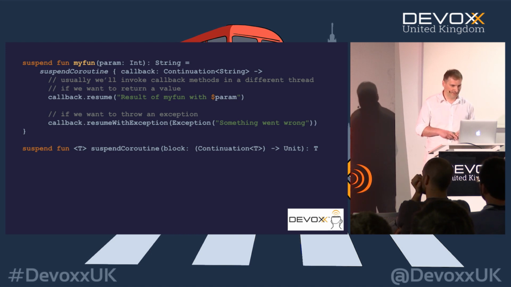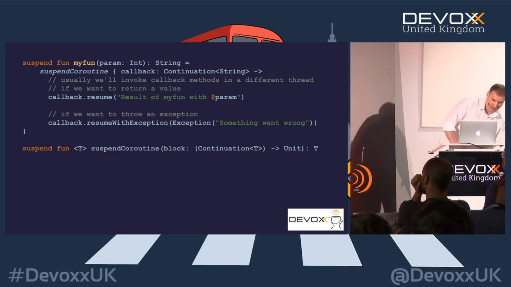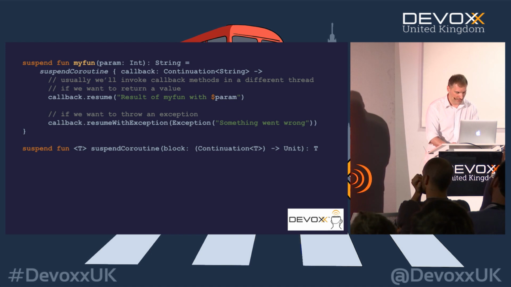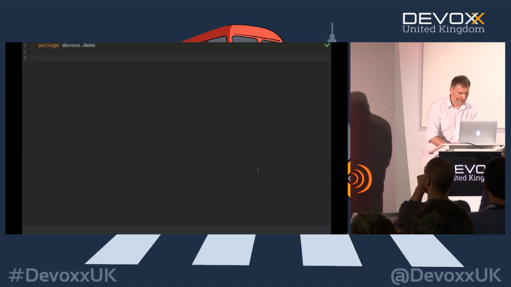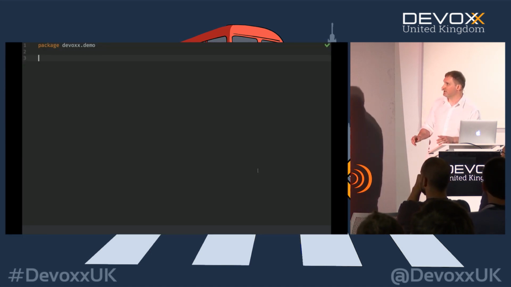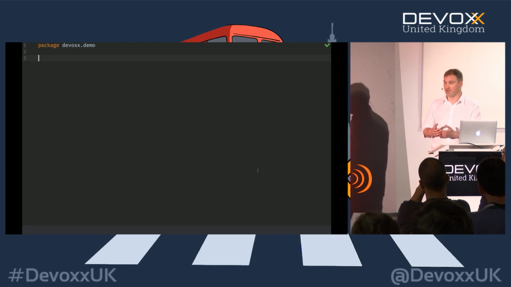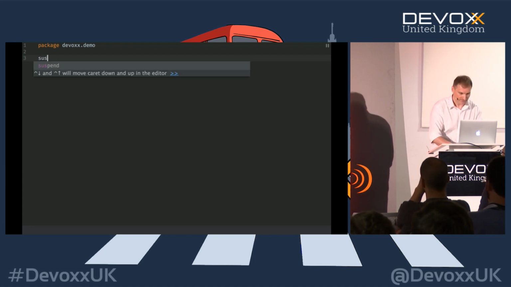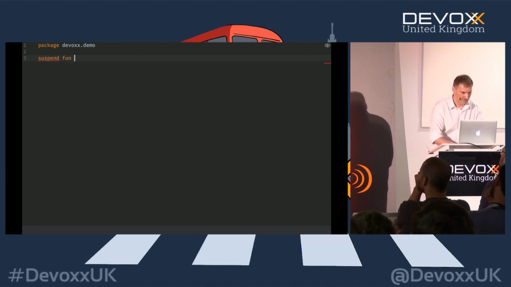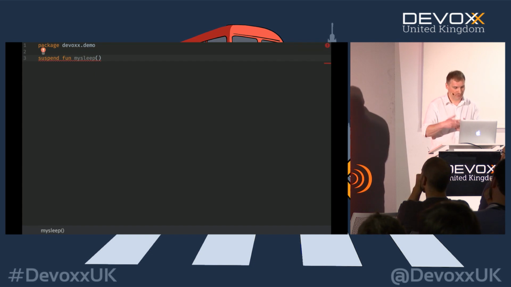So let's try to write a simple piece of code with this suspendCoroutine. It will be simple because we're going to write a suspending function which will just wait for some time. It will suspend the execution of the function for some time, and then the code can continue executing. So let's write, for example, mySleep, as we have a sleep method on a thread.